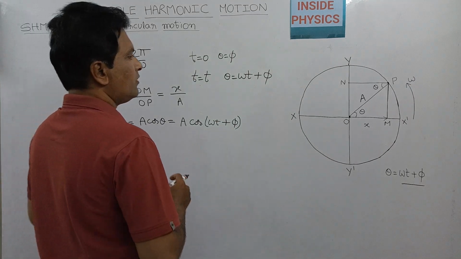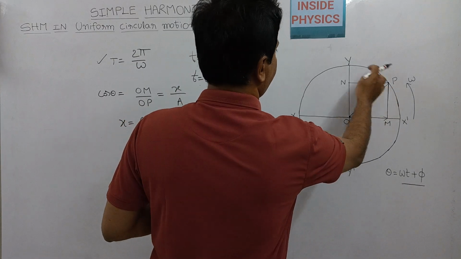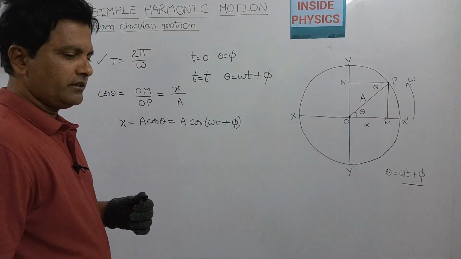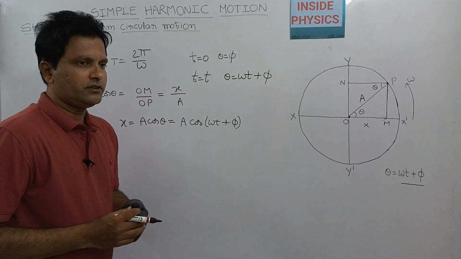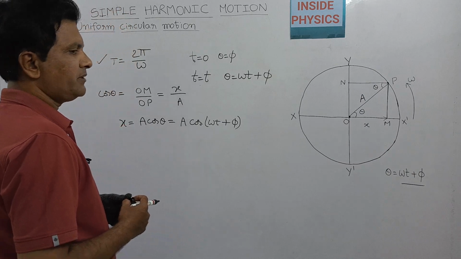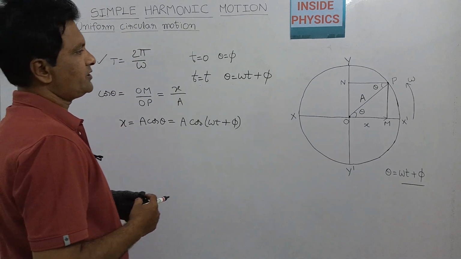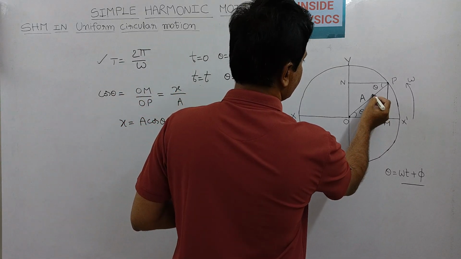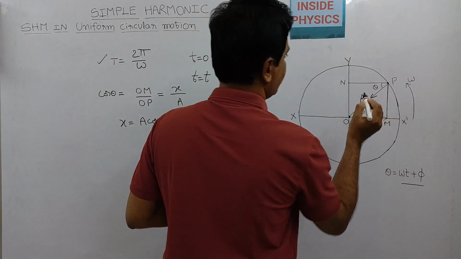Okay. So now, what is the centripetal acceleration of the particle P? We know that any particle having circular or rotatory motion must have a centripetal acceleration which is always directed towards the center of the circle.